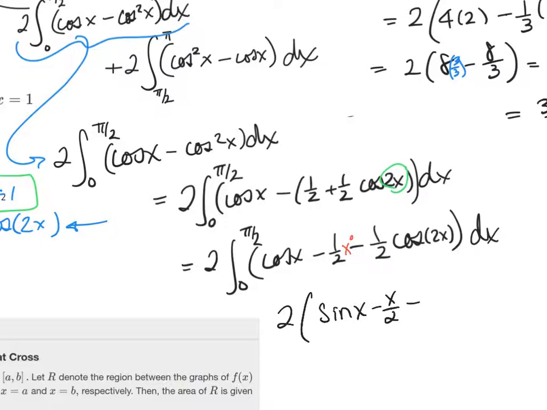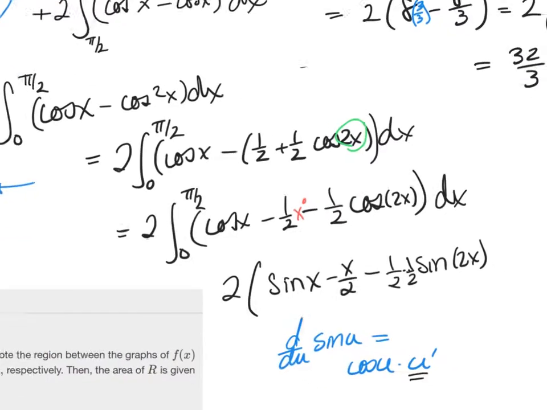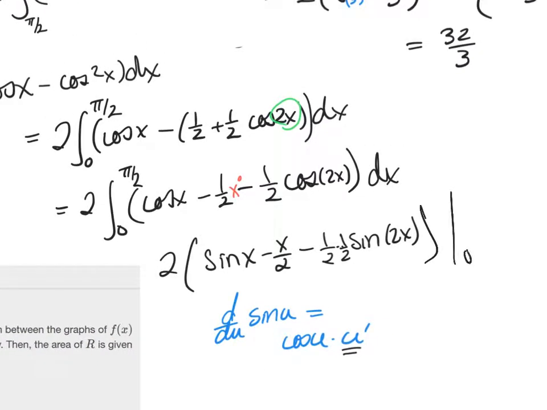And then minus, now, if I had the derivative of the sine of u, this would be cosine of u multiplied by u prime. So in this case, I know it's going to be 1/2 because that's still the multiplier, and I know this is going to be the sine of 2x. But if I were to do the derivative of the sine of 2x, I should have had 2 as a multiplier, because that would have been what my u prime would have been. And so I need to adjust for that by doing another multiplication of 1/2, from 0 to pi over 2.